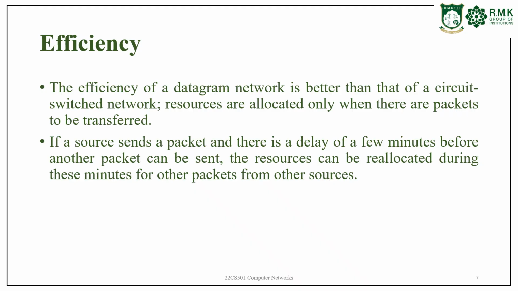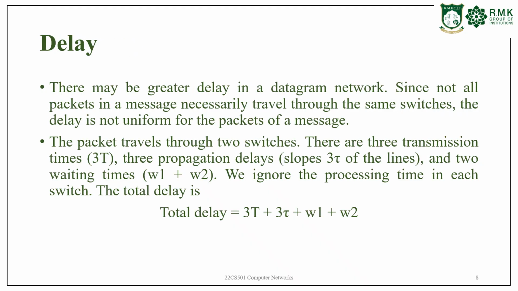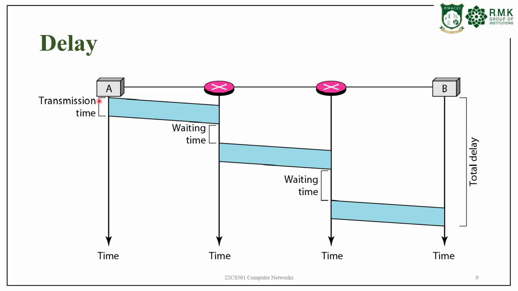Compared to the previous one, this efficiency is high. So here we find out the total delay. Consider this is the transmission time between A and X. Here consider A and B are the source and destination, and in between A and B, two routers are there. First, A transmits the data to the first router, and the first router finds the path to the next router. That is the waiting time.